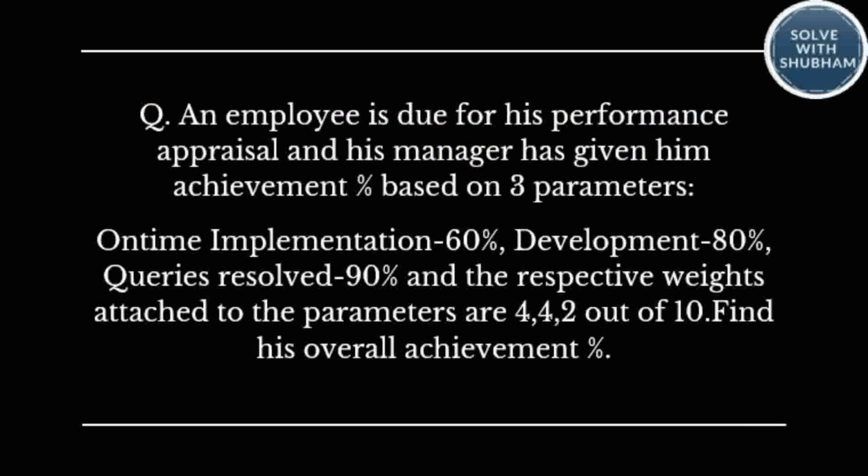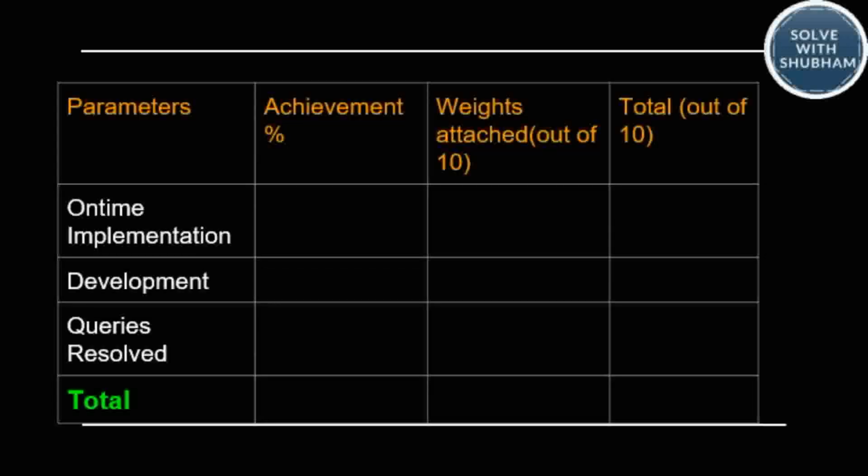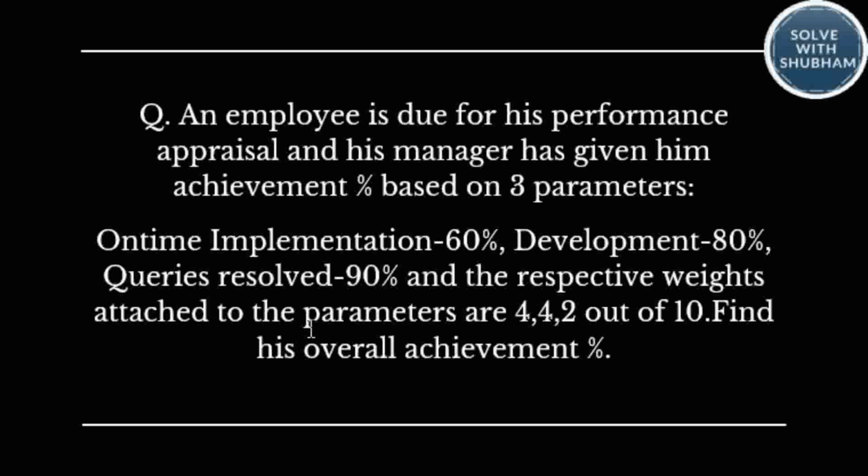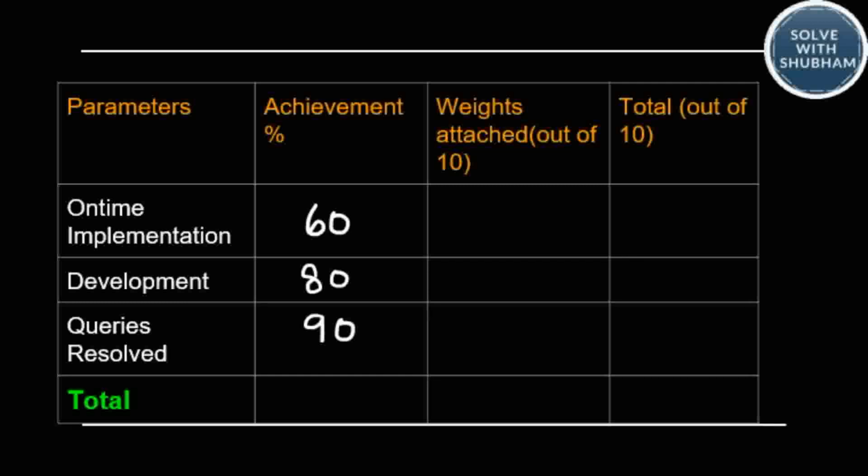Achievement percentage 60, 80, 90, and the respective weights are 4, 4, 2 out of 10.